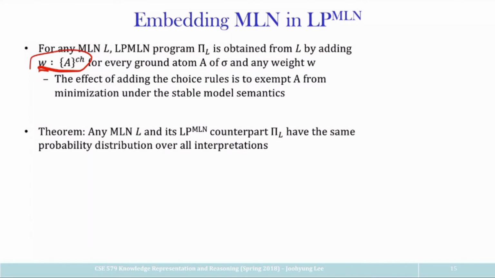So in other words, suppose you have this MLN program. How do you convert it into LPMLN? Just copy the formula and then add choice rules. You can write any weight. It does not actually matter. That's it.